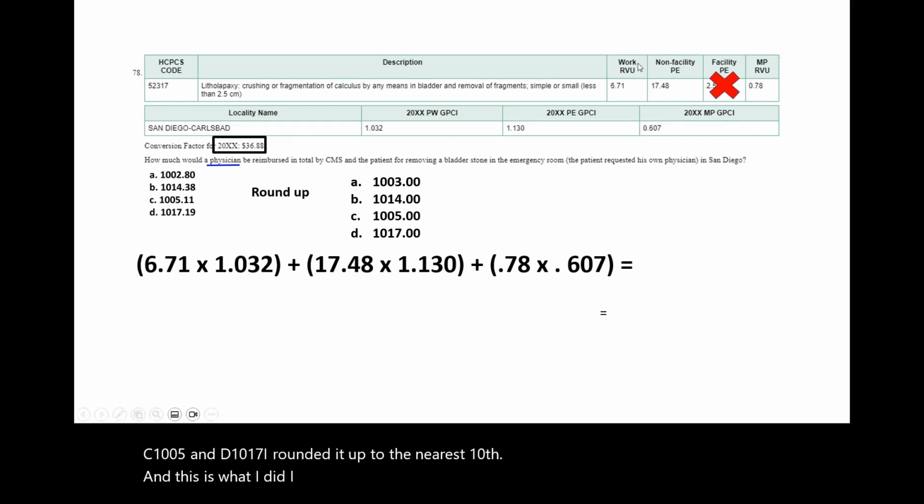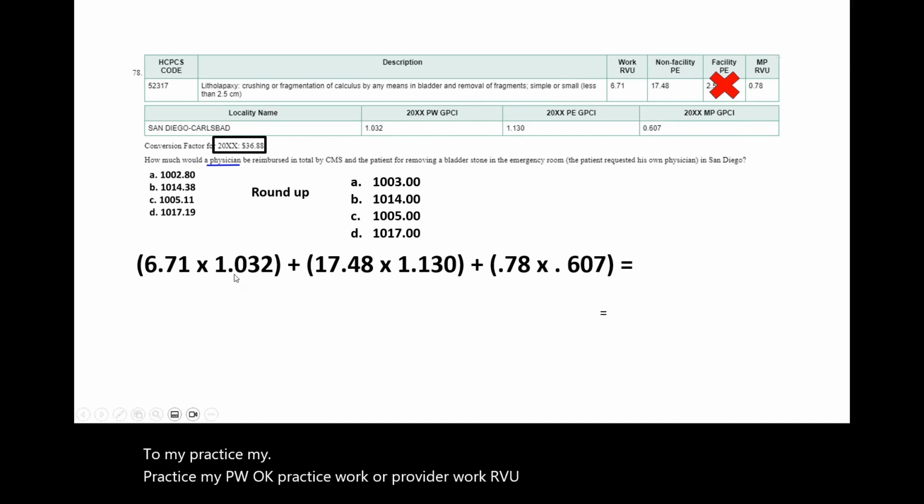I multiplied my work RVU to my practice work, okay, practice work or provider work RVU, and that's 1.032, 6.92.